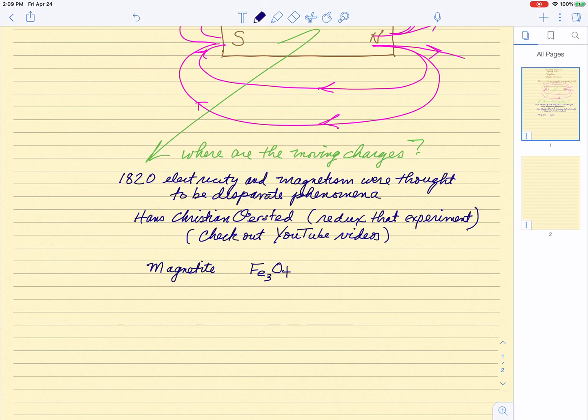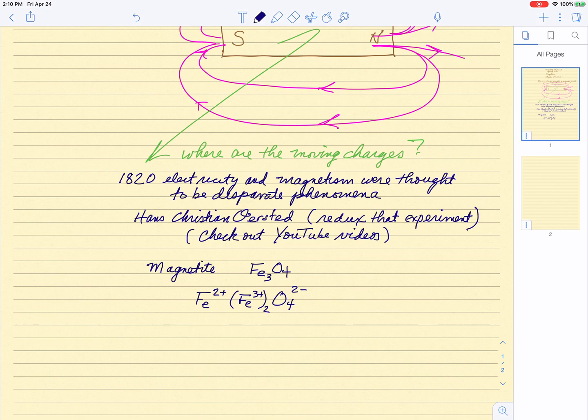And if you try to work out the oxidation states here, you'll run into a little bit of a problem unless you are clever and you realize that there's an Fe2+, there's 2 Fe3+, and there's 4 O2-. So again, that's not apparent just by looking at that molecule, but that's how that's worked out.